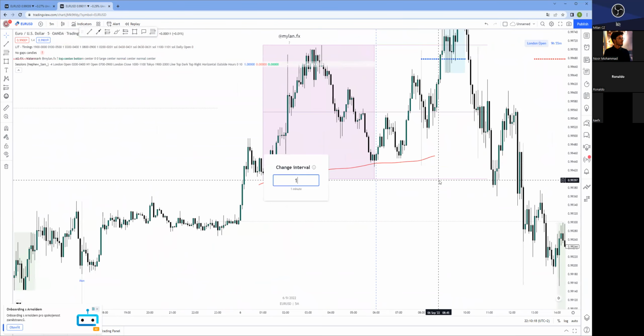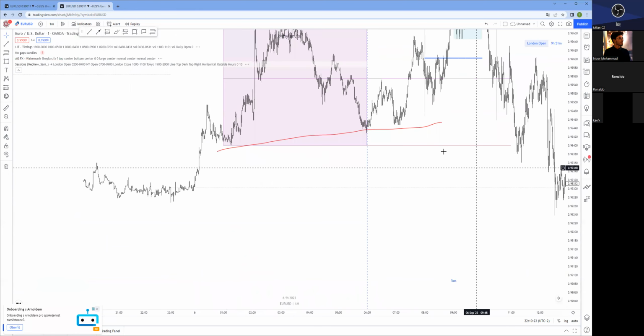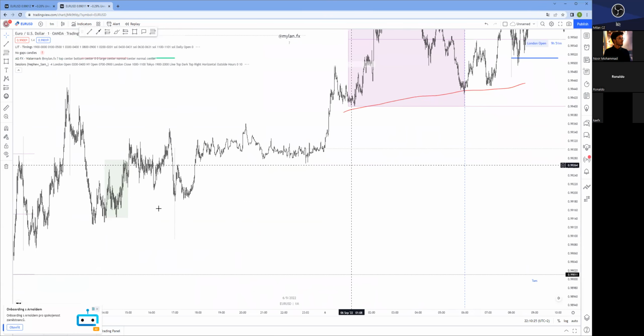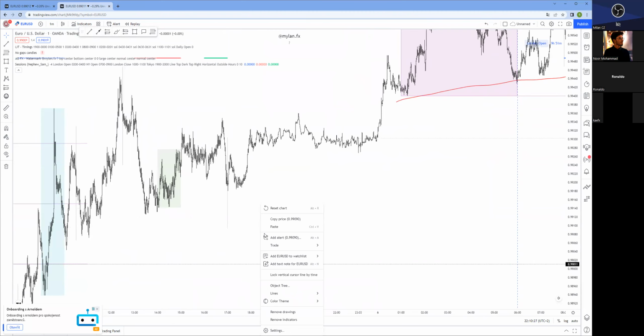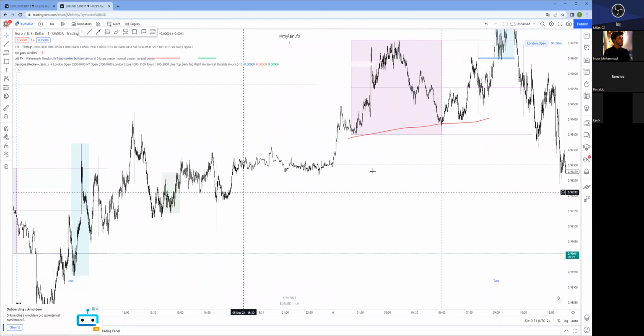So because of the Asian buildup and the late New York buildup from yesterday, which was a bank holiday, that's why it was so slow.